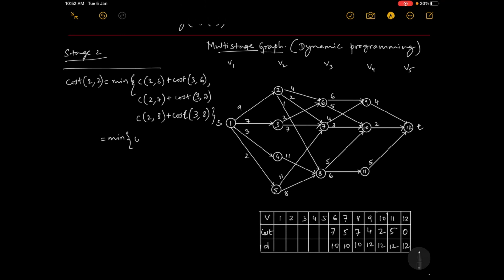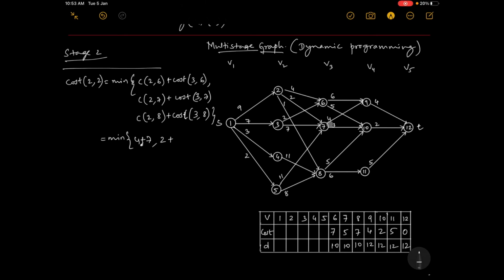Now write down the values. Minimum of, this is 4, and what is 6? 6 is 7 from the table. So 4 plus 7, comma, stage 3 vertex 6, its cost is 7, correct? Next is 2 comma 7, what is the value?